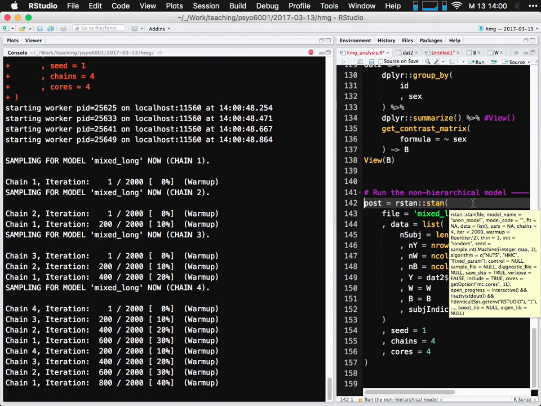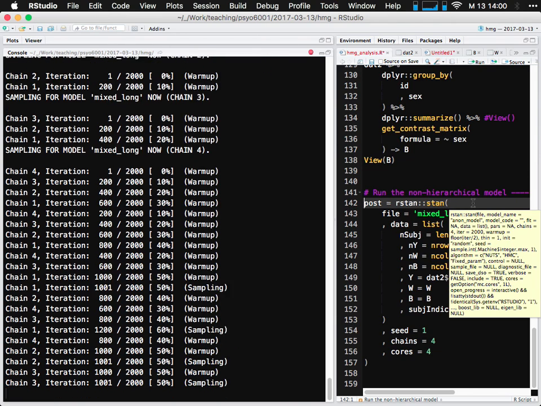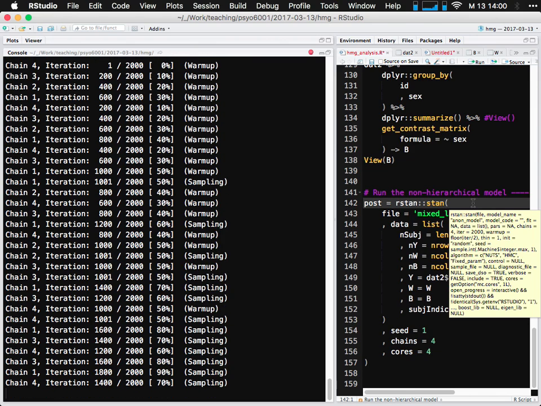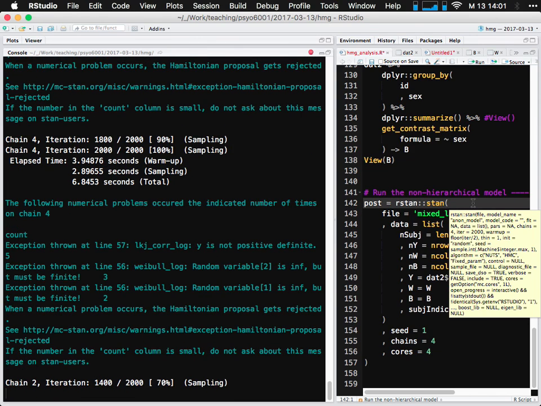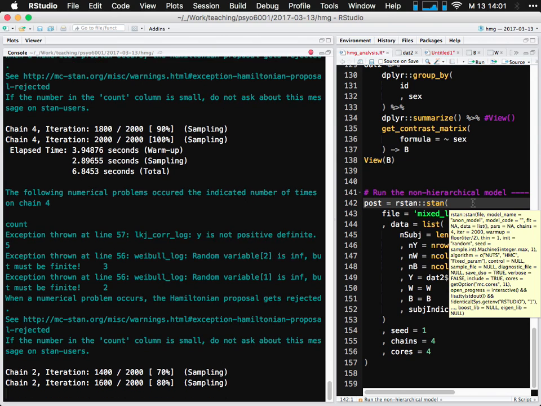It actually might be on the standard deviations that get estimated higher. We'll see what happens.